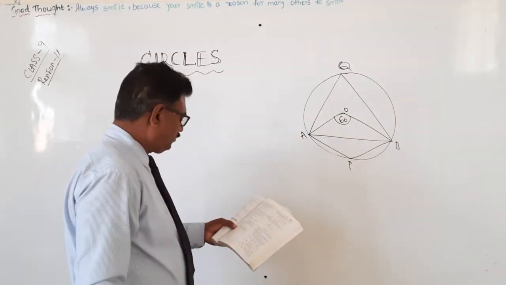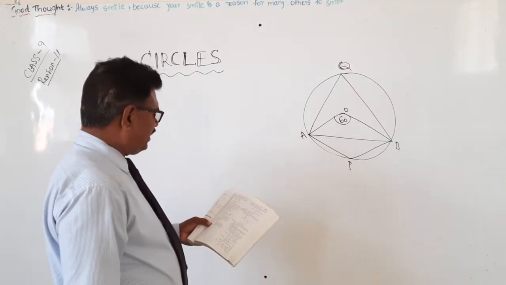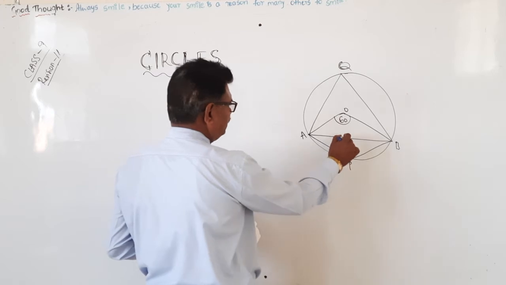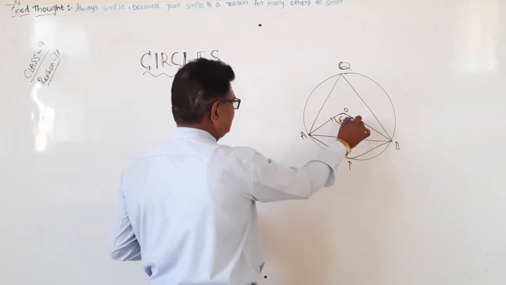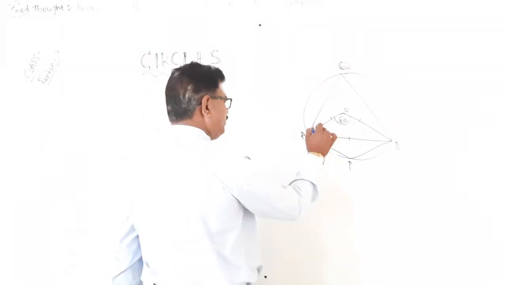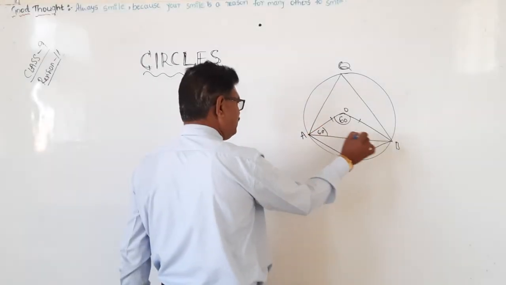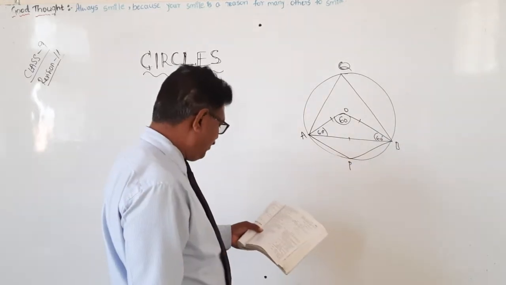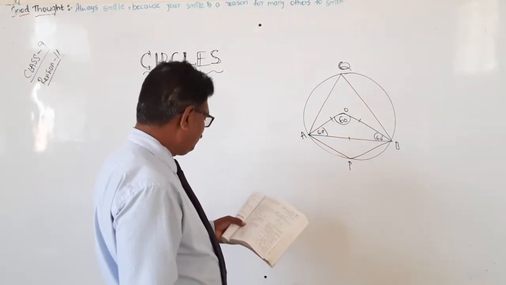A chord of a circle is equal to the radius of the circle. That means this chord is equal to the radius of the circle. Therefore, it is an equilateral triangle. In an equilateral triangle, all angles are equal to 60 degrees.